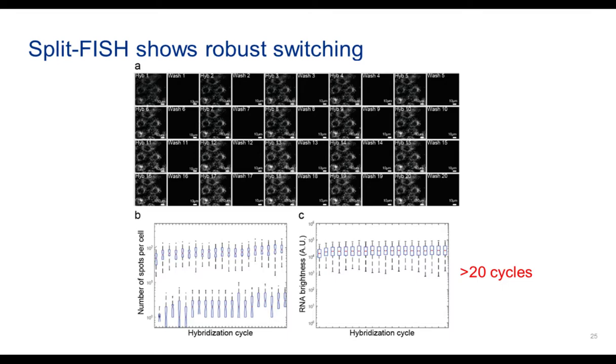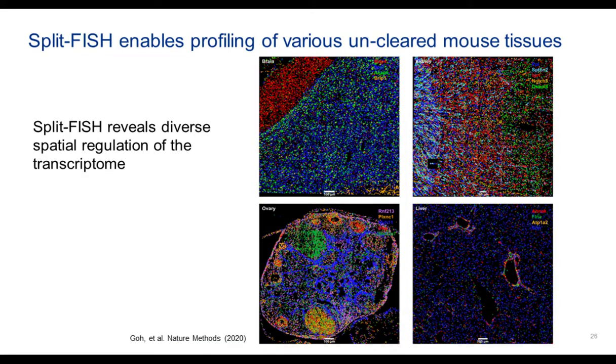And then we went on to optimize the buffer condition, and we showed that split FISH is also able to show many rounds of sequential hybridization. Here we show up to 20 rounds, and we still don't observe any degradation of the signal intensity or the RNA count.